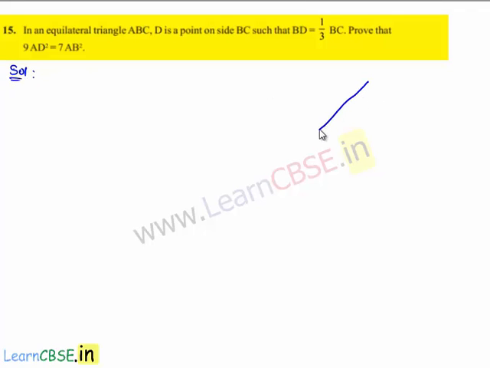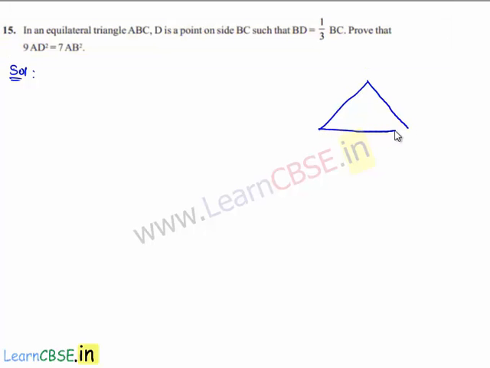Let us consider an equilateral triangle ABC in which BD is equal to 1/3 of BC. So let us join AD here.